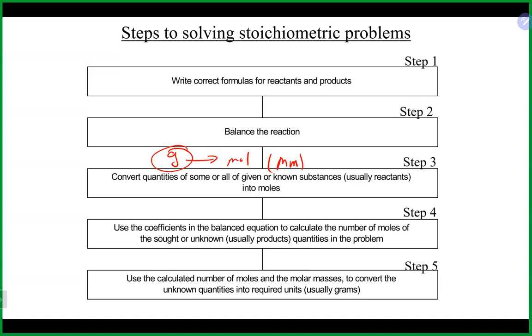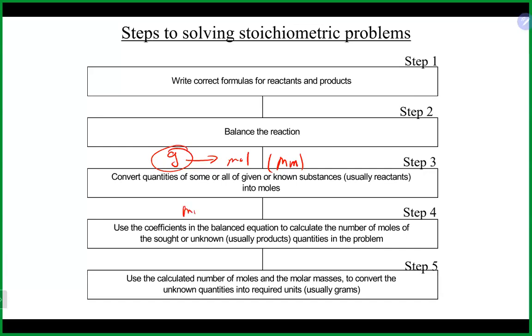The reason you need to do that is really for the next step, which is actually the stoichiometry step. And that is you go to the equation and you find the 2 things you're interested in. One thing that you're interested in is typically whatever they gave you in terms of information. The other thing is what you're usually trying to find. So those are the 2 things that you're interested in in the equation. You take the actual coefficients and you find the mole to mole relationship.